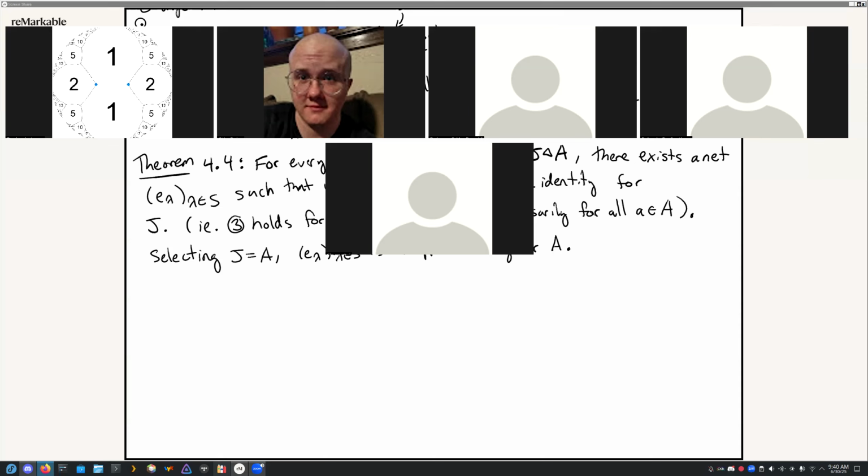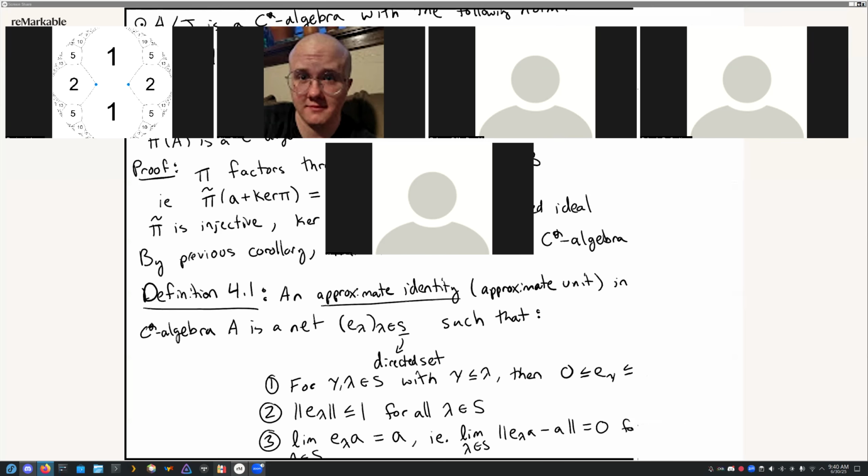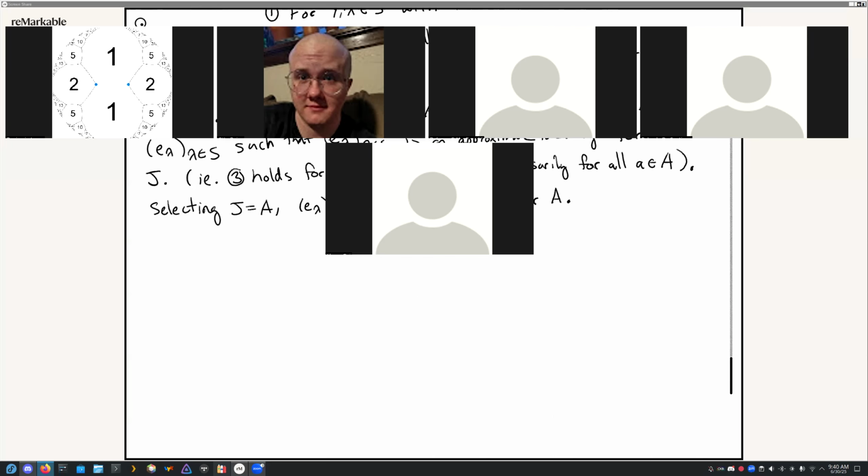So approximate identities allow us to do a lot of really important things that we would maybe only expect to do with unital C-star algebras. So here's a lemma. This is lemma 4.8. This lemma will use approximate identities.